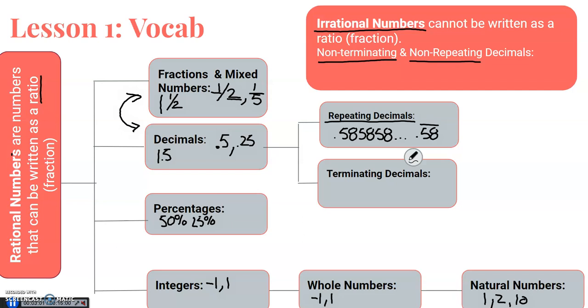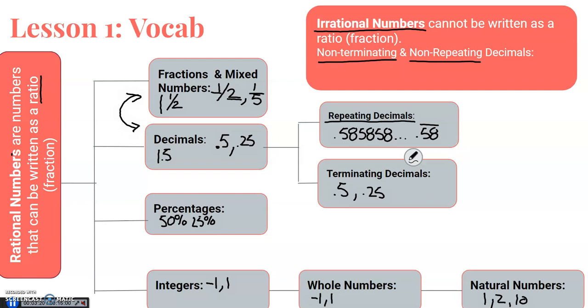So the line goes over top of the repeating number. A terminating decimal would be, our examples, 0.5 or 0.25. They all come to an end, so it's terminating.